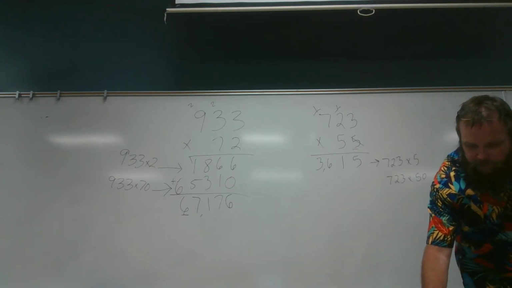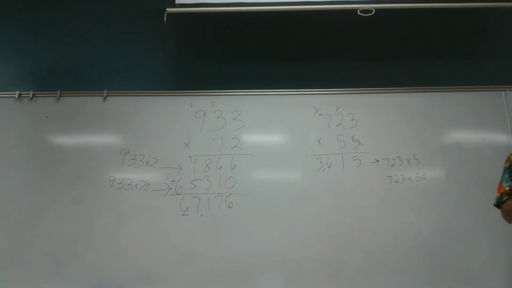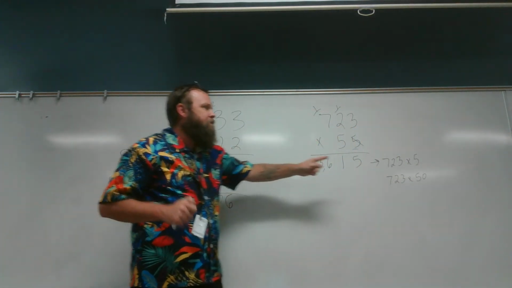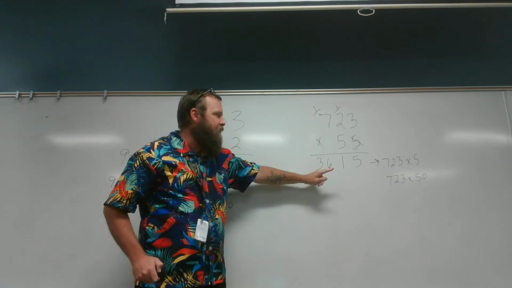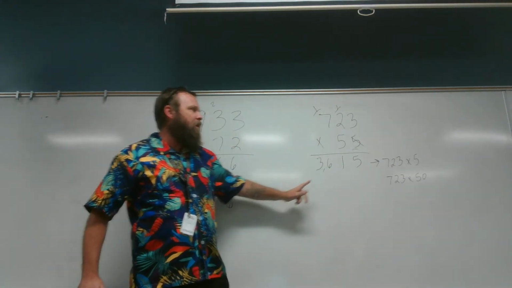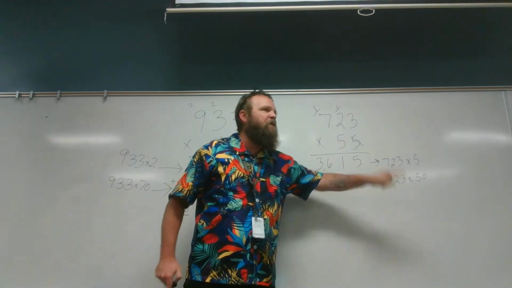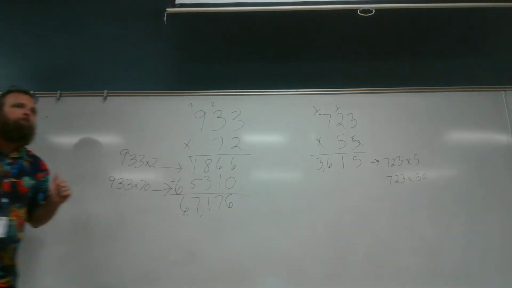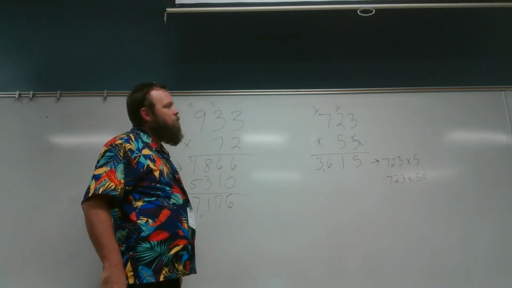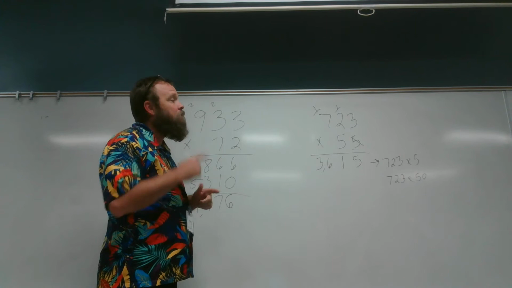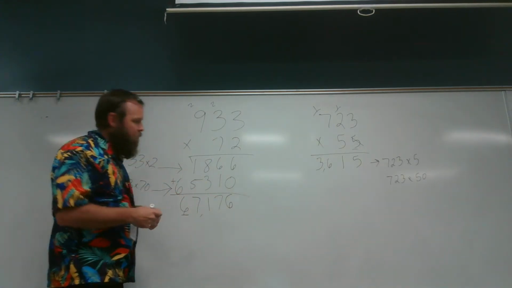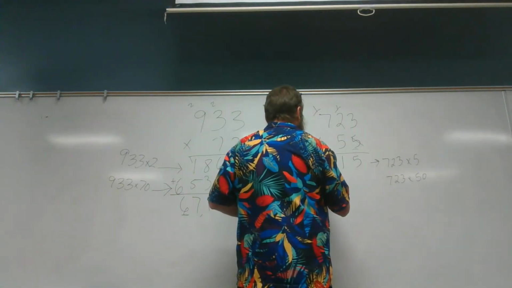Let's see. Matthew. Okay, let me ask you a question, Matthew. If 723 times 5 is 3,615, what do you think 723 times 50 would be? 36,150.